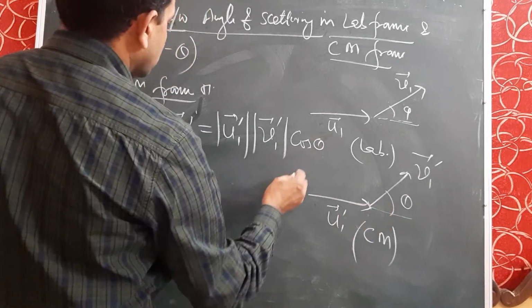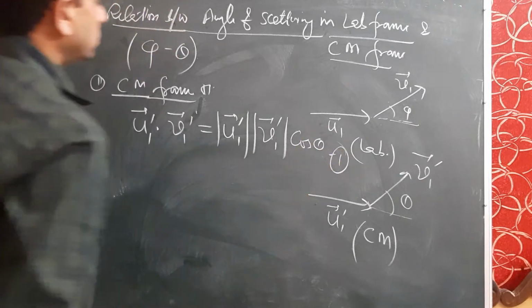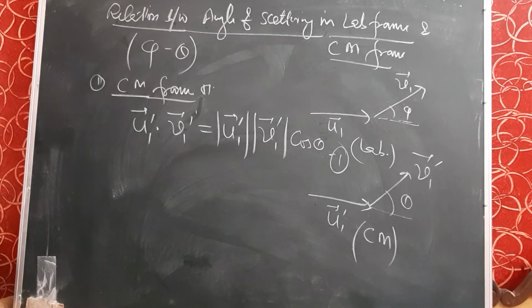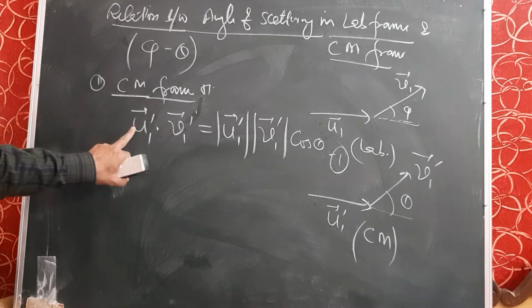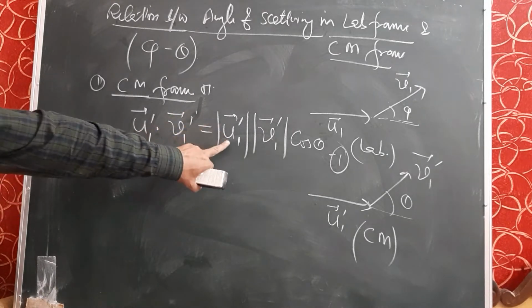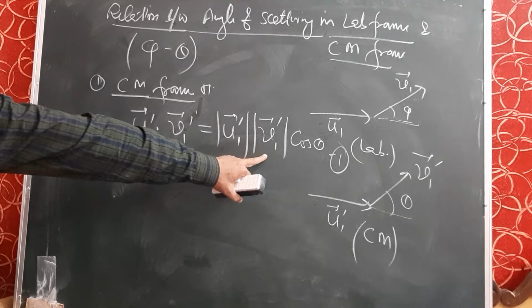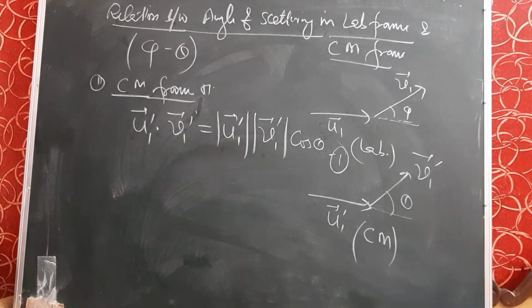This is our first equation. We have used the concept of product of two vectors: vector A dot vector B is equal to magnitude of A times magnitude of B times cosine of the angle between both vectors.